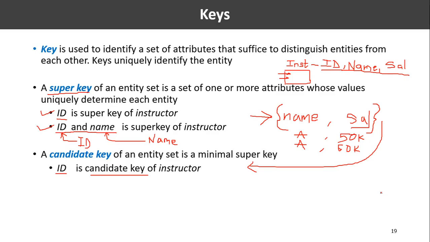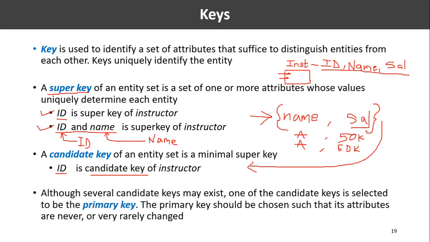So for the given example and with the given assumptions, we may say that ID of the instructor can be treated as a candidate key. Similarly, the name, salary combination is a super key and can also be treated as a candidate key. So one entity set may have more than one candidate key.